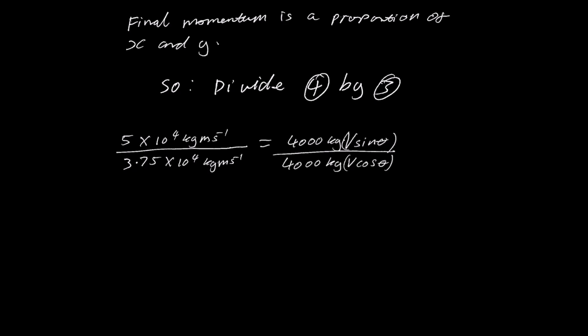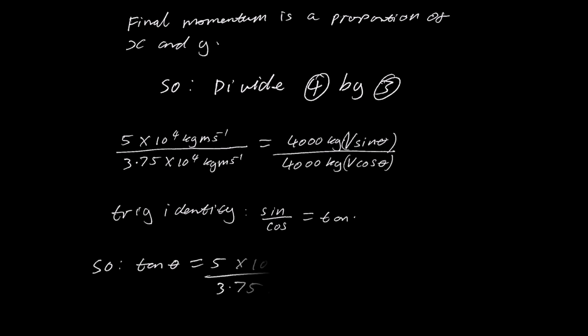And this will be equal to 4,000 v sine theta over v cos theta. That's about the simplest trig term we could possibly come up with, because now, if we do sine over cos, we'll get tan. You could do cosine over sine, it wouldn't matter, but it makes our life easier to just get a tan function out of this. So, what we can say now is tan theta is equal to 5 times 10 to the 4 over 3.75 times 10 to the 4, which will give us an answer of 1.33.